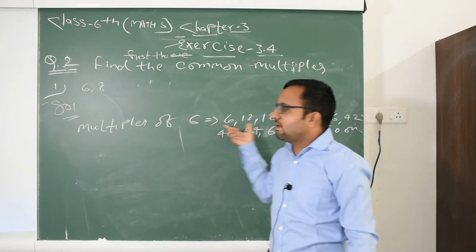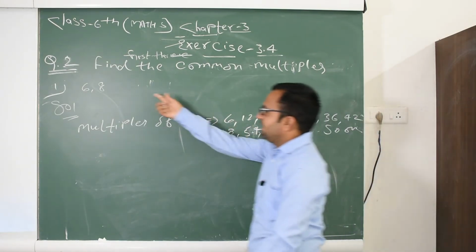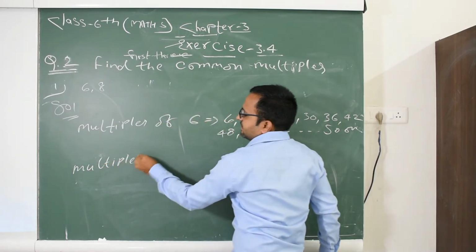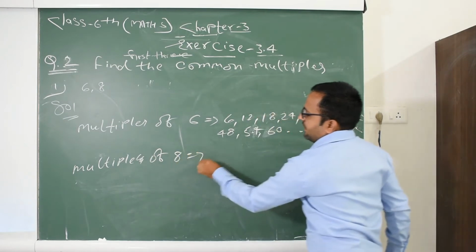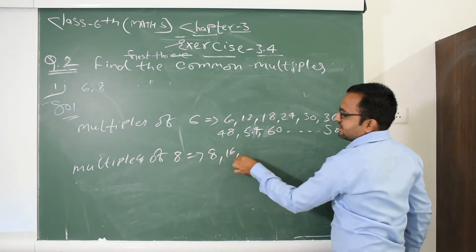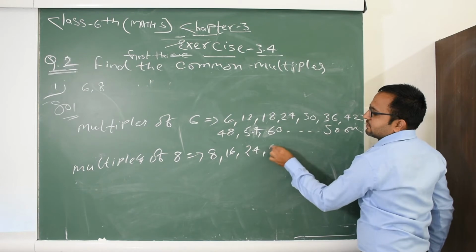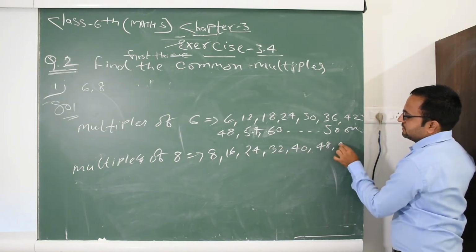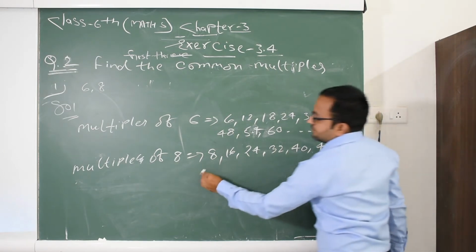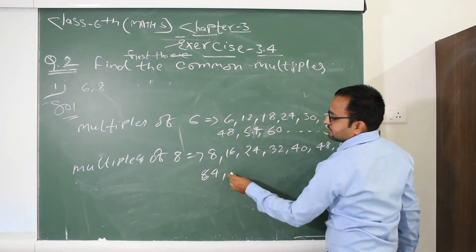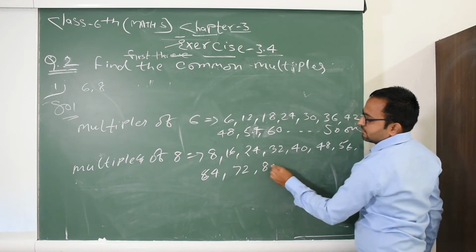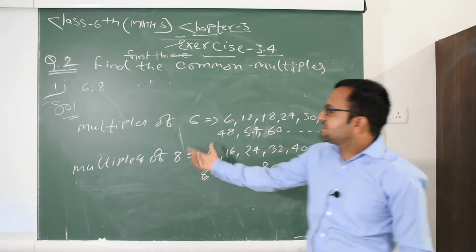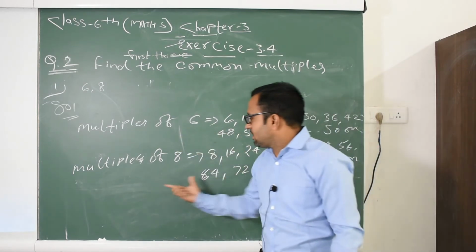So these are the multiples of 6. Now we find the multiples of 8. 8 ones are 8, 8 twos are 16, and so on. So these are the multiples of 6 and multiples of 8.